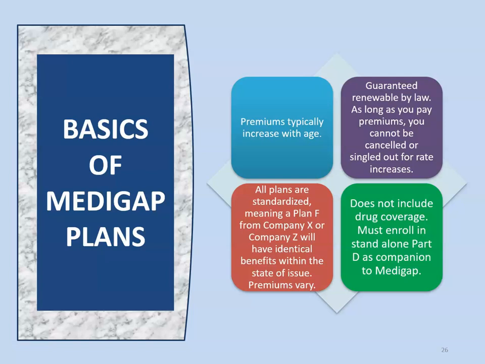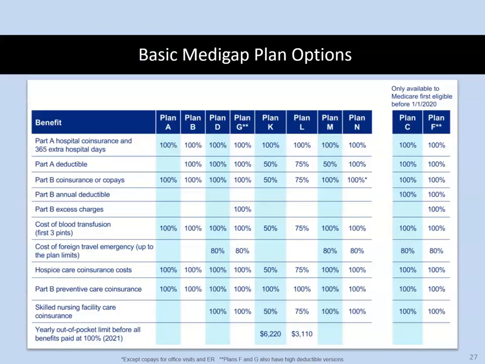Now, something to be aware of with the Medigap plans, it does not include prescription drug coverage, so you must enroll in a standalone Part D as a companion to the Medigap policies. So here's some basics of the Medigap. I'm not going to go through all the details because there's a lot of information here, but the point is you'll see that you have different plans: A, B, D, G, K, L, M, N. C and F are for people that had Medicare prior to 1/1/2020, so those aren't really available anymore.